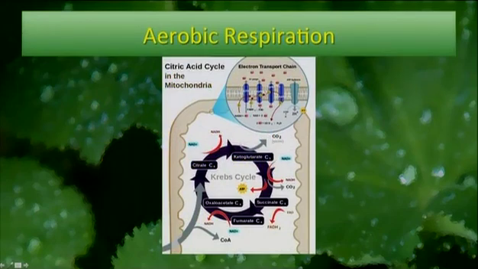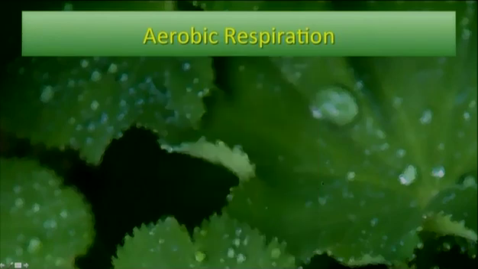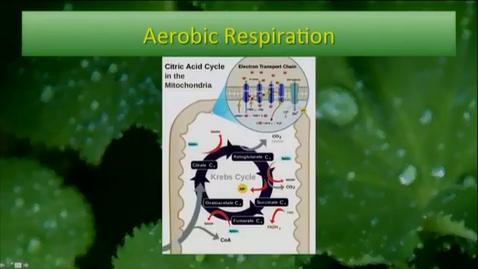NADH, carbon dioxide removed. FADH2 being formed, and also another NADH, so 3 NADHs, 1 FADH2, 2 ATP, plus 2 carbon dioxide coming out of the Krebs cycle.